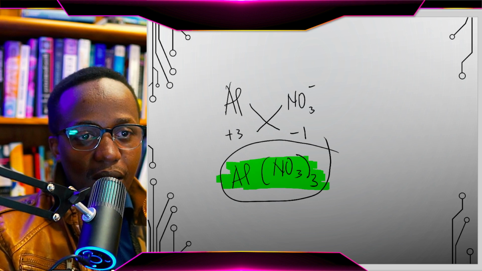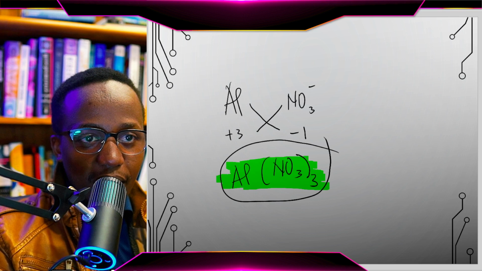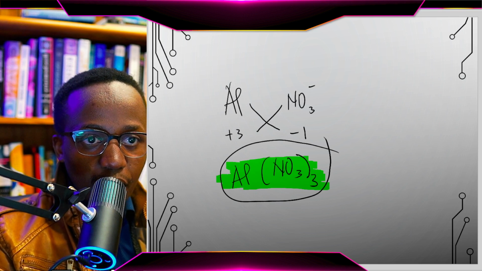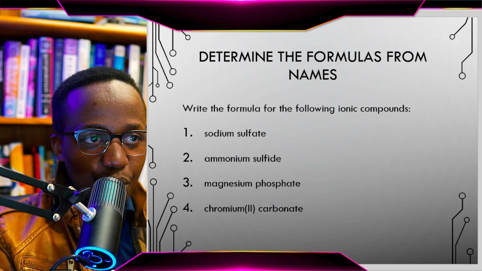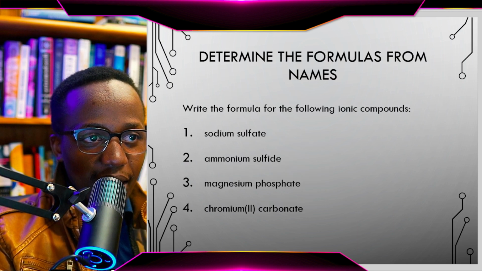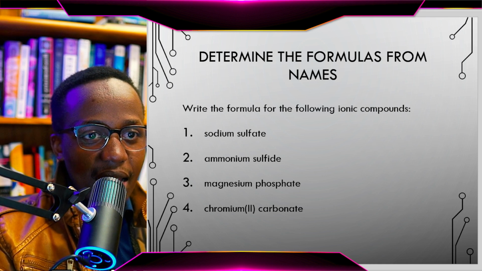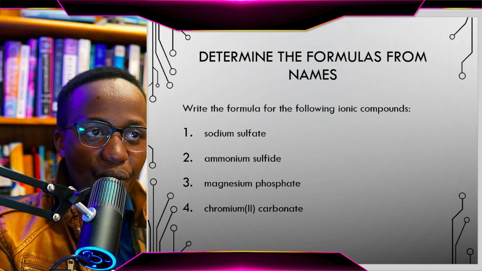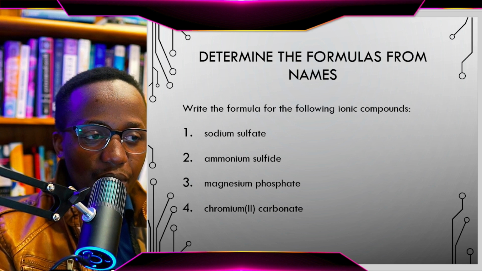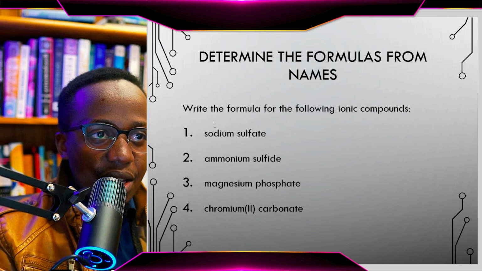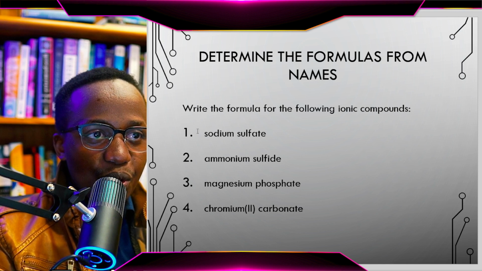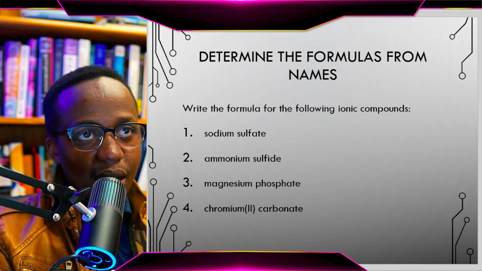But before we get there, now that you know naming, I can give you the name, and then I can ask you for the formula, right? Look at this. If I ask you what's the formula for sodium sulfate, you'll say, oh, sodium sulfate.